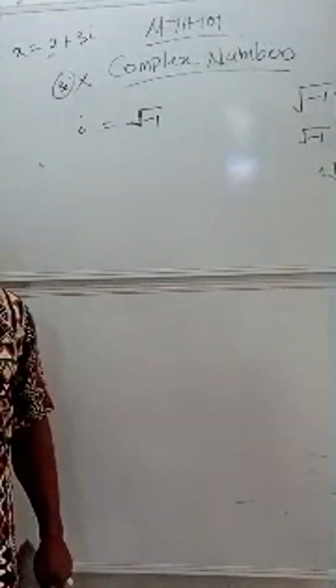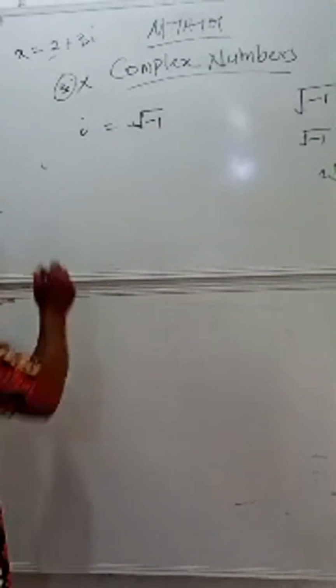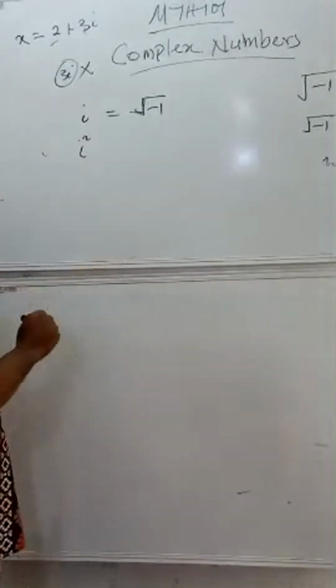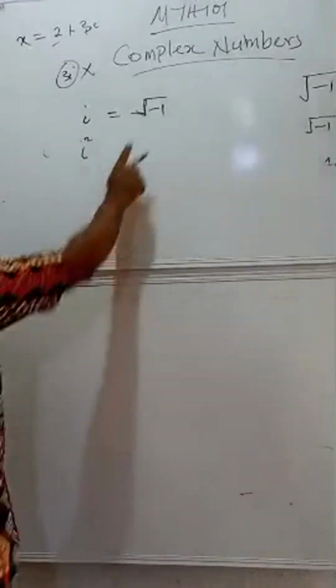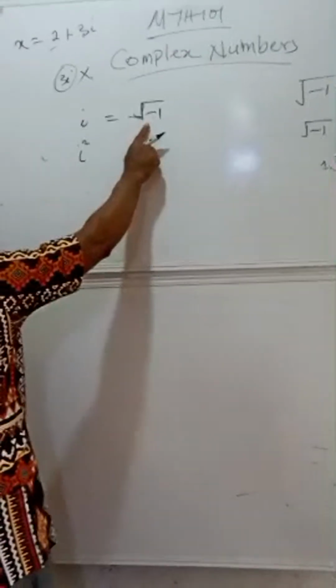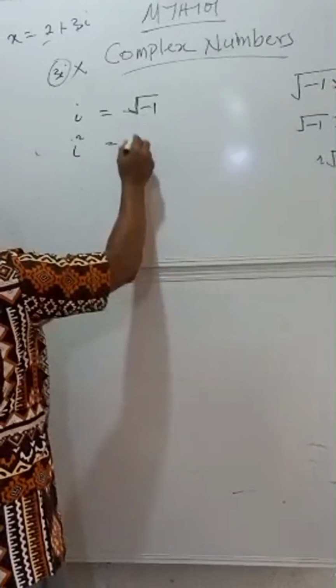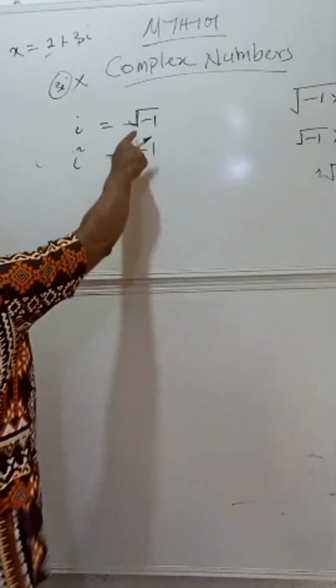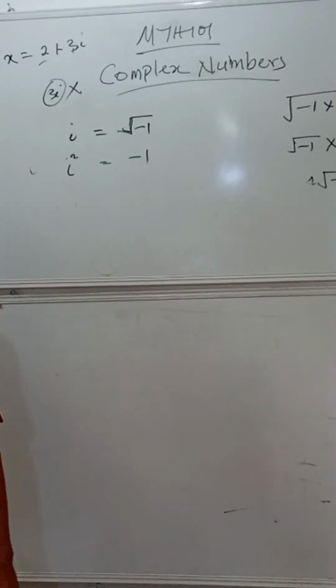Now let's consider powers of i. If I'm interested in i squared, it means I am squaring this side as well. Once I square this side, what will be left here is just -1.